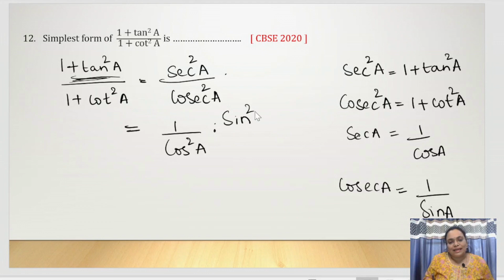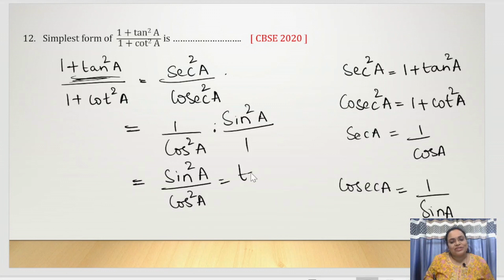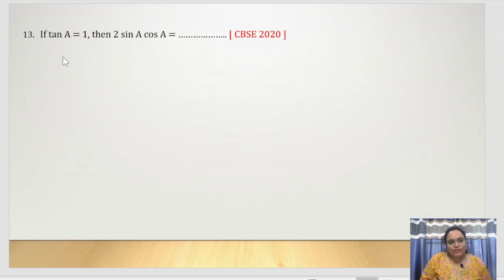This becomes sine square A by cos square A, which is tan square A. Okay. So let us see the next question.